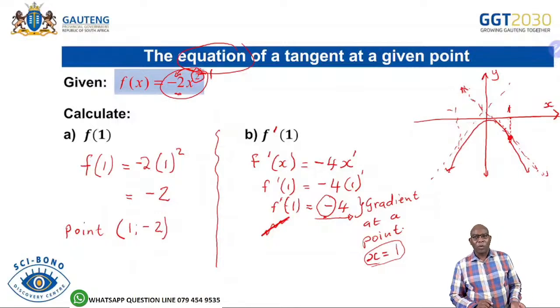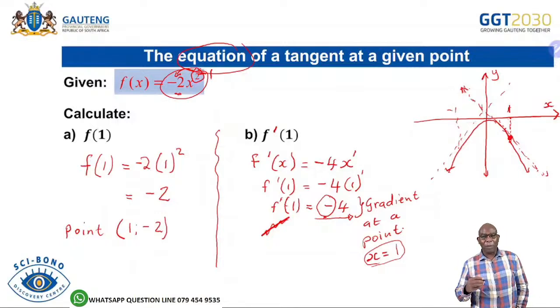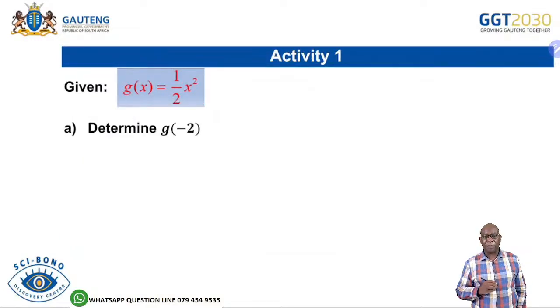So we are doing the gradient at a point. We want the equation of a tangent at a given point. If I talk about the derivative, I'm talking about gradient. So if I derive, I get a gradient. Right, now let's go to the next activity.